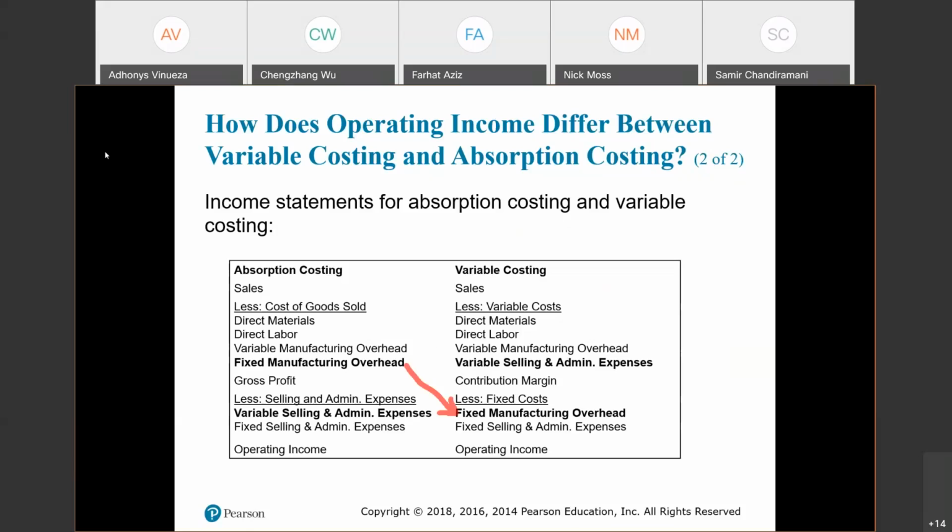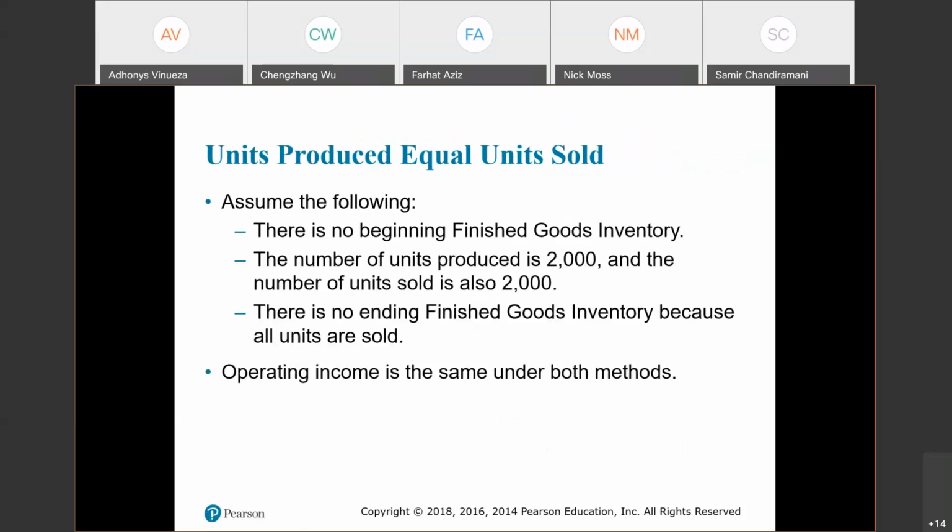So let's use a specific example to look at these three scenarios. The first scenario: units produced equal units sold, and we have three assumptions. First, there's no beginning finished goods inventory.